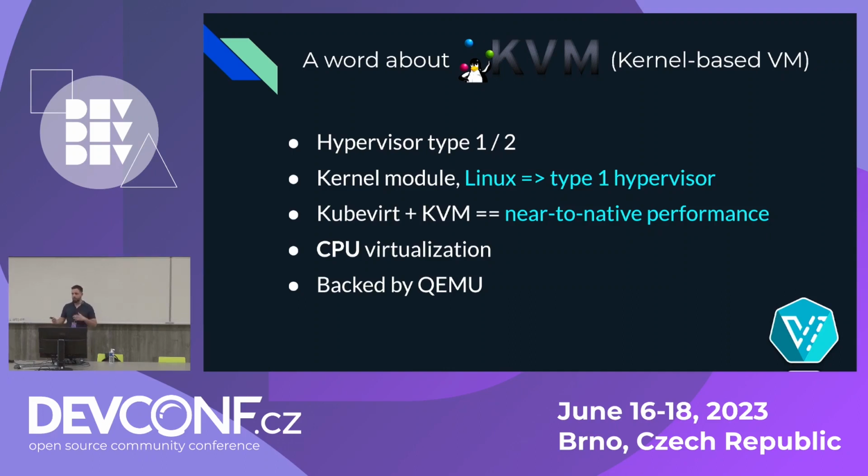So with Kubevirt and KVM, we can reach near-to-native performance. And another thing is that KVM is basically responsible for CPU virtualization, which is the performant part. For other stuff, we're using QEMU. So for example, for stuff like I/O and similar.